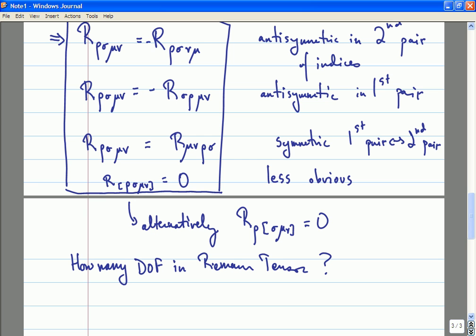And happily, what this third identity is telling you is that you can actually treat the Riemann tensor, if you like, as a matrix, where the first pair of indices describe one row of the matrix, and the second pair describes a column of the matrix. And so you could, if you wanted to, think of the Riemann tensor as a symmetric matrix, where the symmetry that I'm discussing is the symmetry of the interchange of the first pair of indices and the second pair of indices.